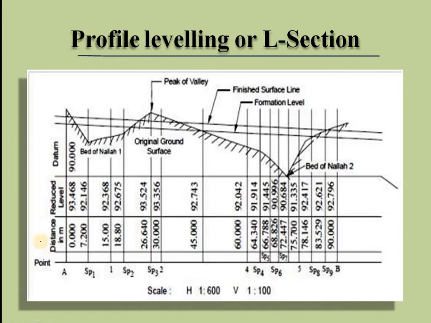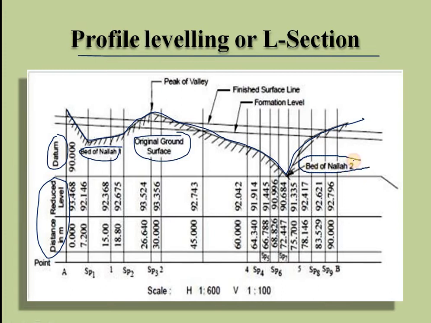So this is the profile leveling or L section diagram. We can see here distance, reduced level in meters, and this is the datum point. This is our ground level, the black color line, this is the bed of Nala 1 and original ground surface, and this is the bed of Nala 2.